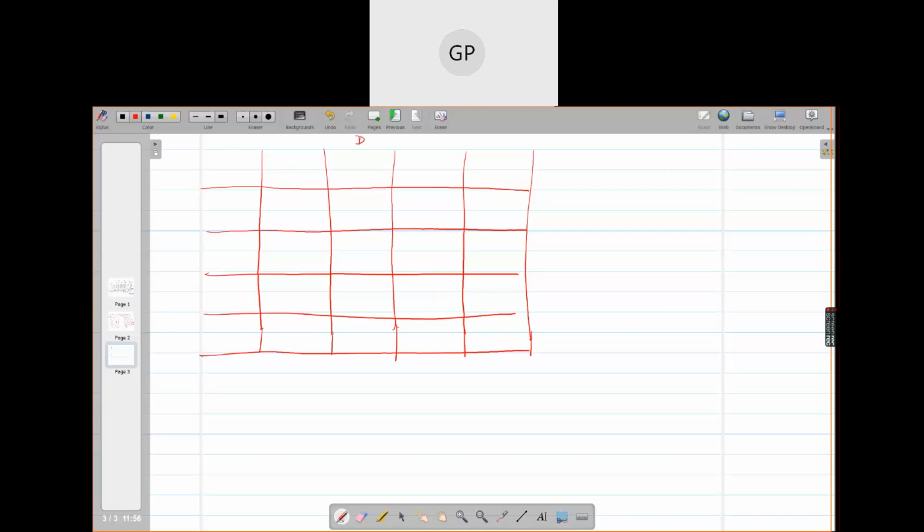So suppose these are your destinations. Here I am writing destinations. These are your sources. So say S1, S2, S3, D1, D2, D3, D4, supply.